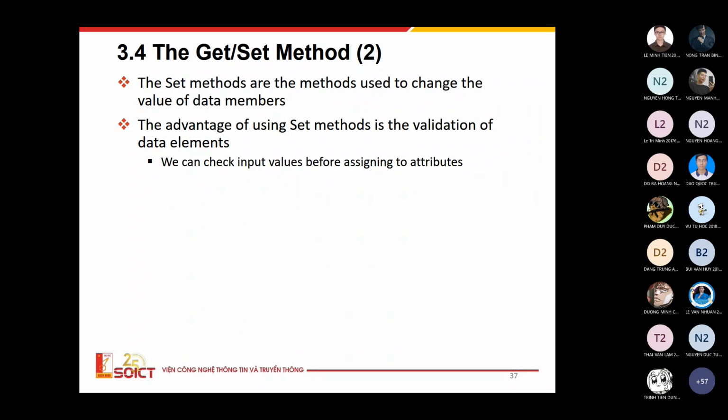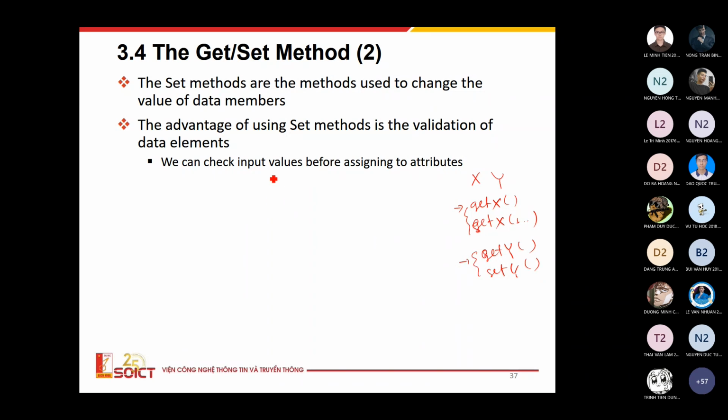For example, you have some attributes named x and y, and then you can define get x and set x to take the value of x and to set the value of x, and then you can have get y and set y to get and to set the value of y.